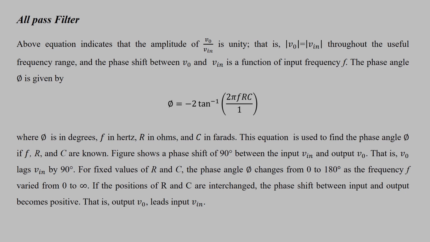For fixed values of R and C, the phase angle phi changes from 0 to 180 degrees as frequency f varies from 0 to infinity. If the positions of R and C are interchanged, the phase shift between input and output becomes positive. This is when the output leads the input.